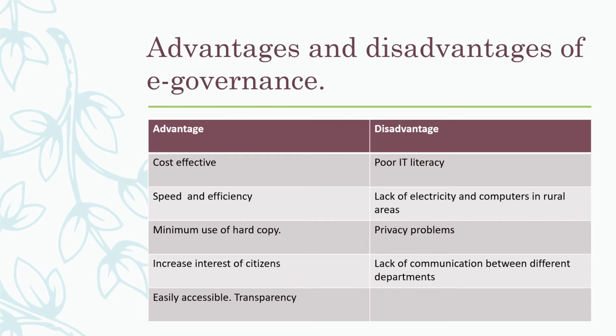Increased interest of citizens. Citizens will now take interest in the related department. For example, you can log on to the CBSE website and see what all schemes CBSE is coming up with, what their orders are for all the schools to follow, and what the news is for new students. Easily accessible and transparent: these websites are easily accessible and transparent because you are directly interacting with the government website.